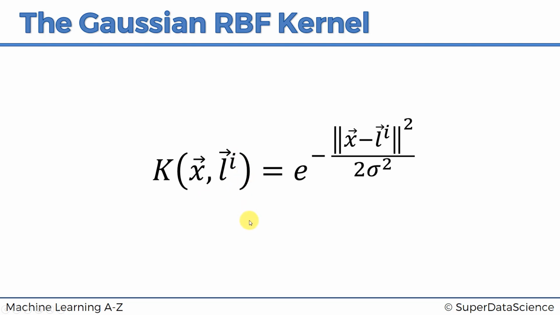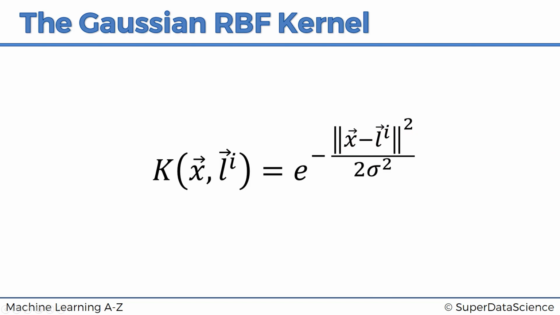I means there might be several landmarks, but we're not going to worry about I for now. We're just going to look at this as a landmark, and then that equals e to the power of minus the double vertical lines, which mean the distance between x and the landmark, squared, divided by 2 sigma squared.